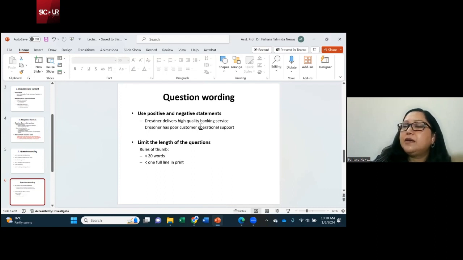Suppose you are measuring the service issues. Look, you are using one positive statement and one negative statement. Rather than doing this, you can simply ask, to what extent would you rank the quality of the banking service?